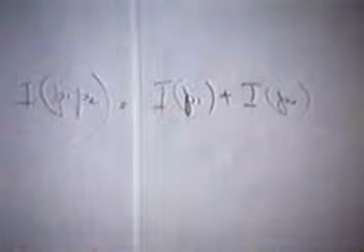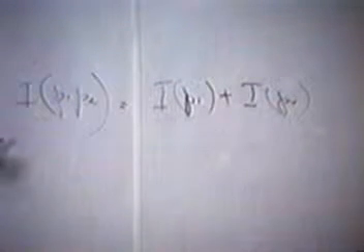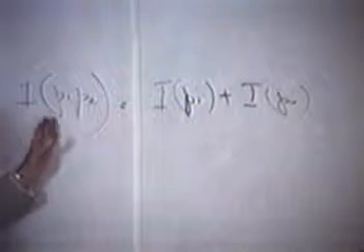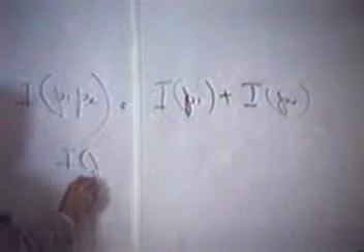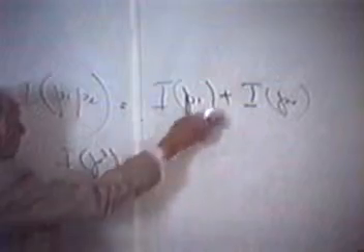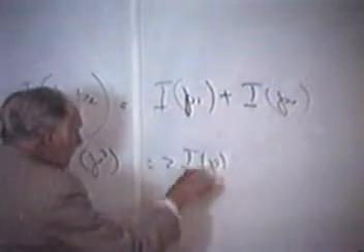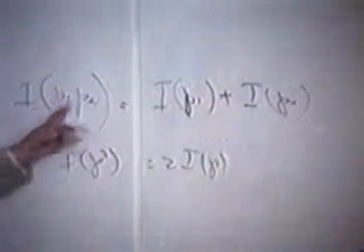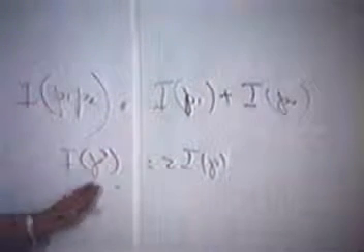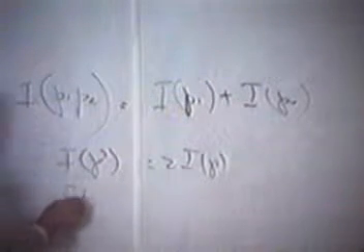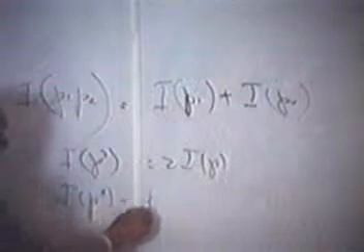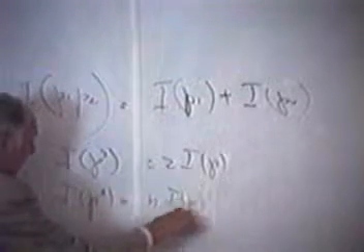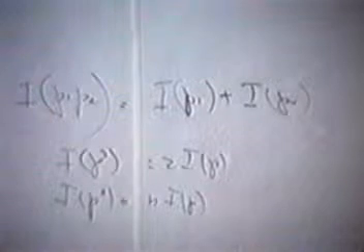That's what should be true of information for independent events. Well, if I put P1 equal to P2 equal to P, I get I of P squared equals 2 I of P. If I put this equal to P squared, that one's P, I get I of P cubed is 3 I of P, and in general I of P to the n is n I of P, which says if I toss a coin n times, I get n times as much information as I get from one toss. Seems reasonable, doesn't it?